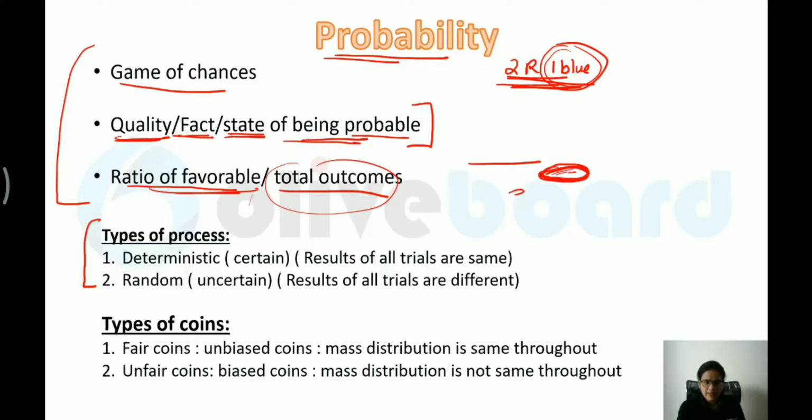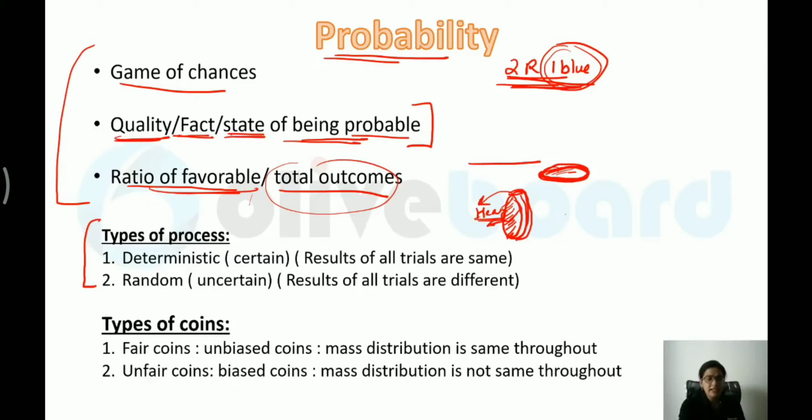Now imagine this is my coin, and I am drawing the side view. Out of the two parts I have shown, one part is very heavy. When you rotate it, it is obvious that it will fall on this side only. When you keep it vertical and this side is heavy, obviously it will fall on this side. That means I am definitely going to get only one outcome.